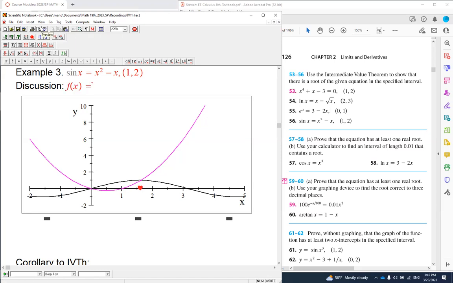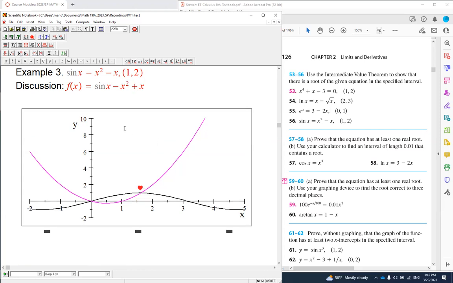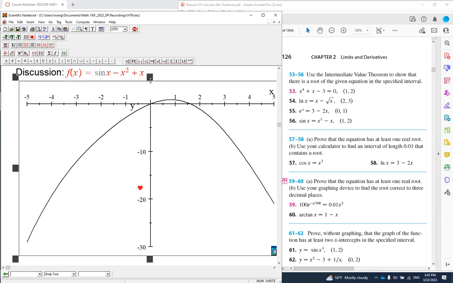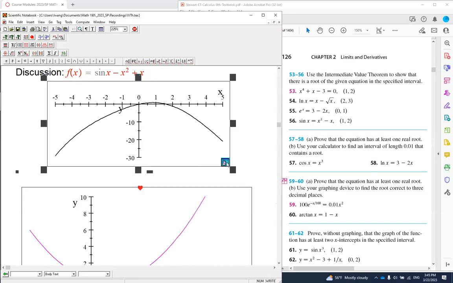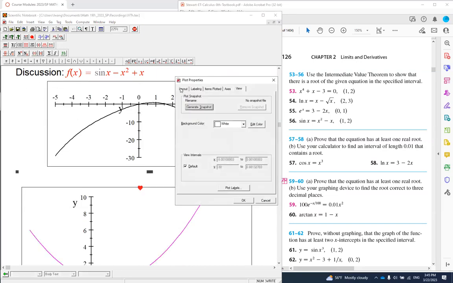You move everything to one side. You have sine x minus x squared plus x. This is our new function. If I graph it, this is the x-intercept.